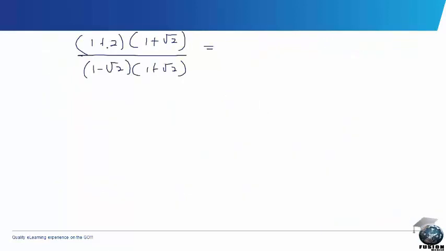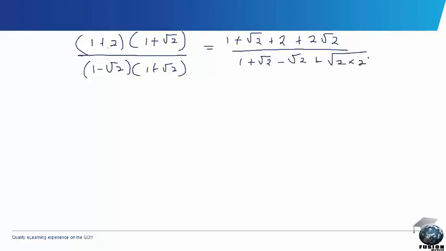So we'll carry out the multiplication. 1 times 1 is 1, and plus 1 times root 2 is root 2. Then 2 times 1 is 2, 2 times root 2 is 2 root 2. 1 times 1 is 1, 1 times root 2 is root 2, minus root 2 times 1 is minus root 2, and then root 2 times root 2 is root 2 times 2.